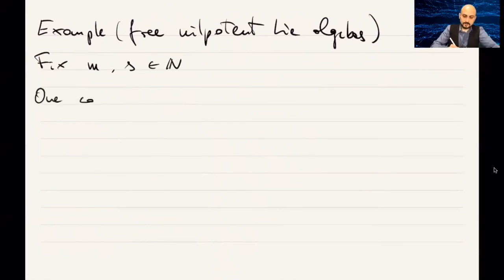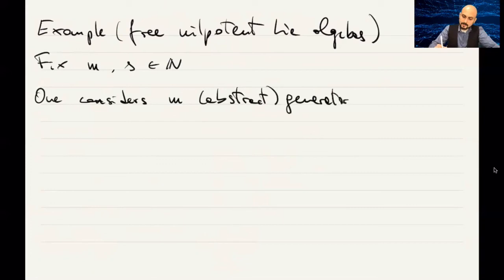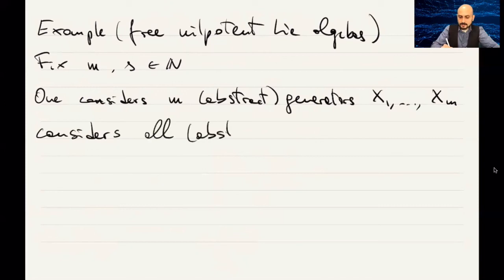Now let's construct the algebra in the following way. One considers m many abstract generators. So let's call them x1, ..., xm. They're going to be linearly independent vectors. And then one considers all, still abstract, iterated brackets, Lie brackets.